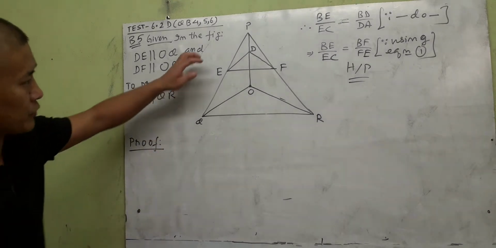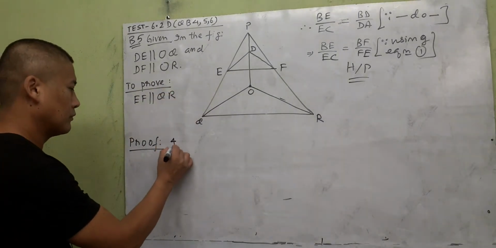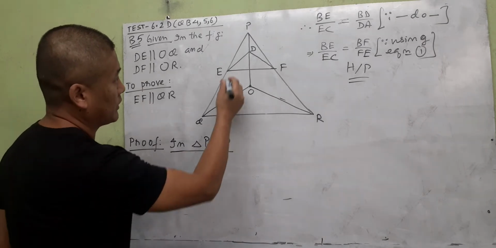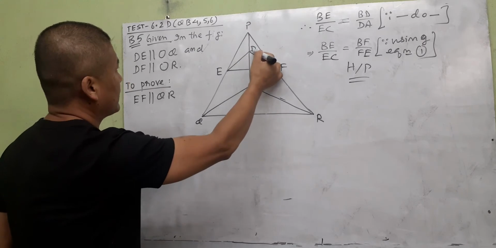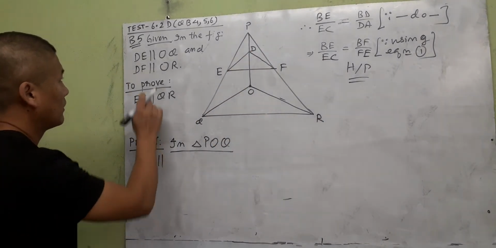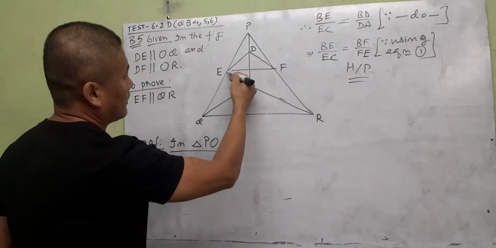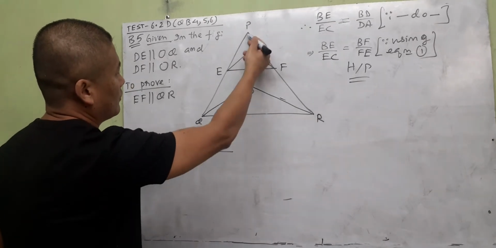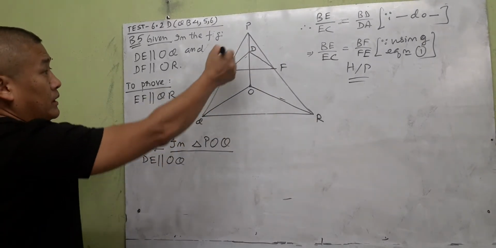Proof: let us take this portion of the triangle, POQ. In triangle POQ, this line DE is parallel to OQ. So it will cut these two sides, PO and PQ, in equal ratio.